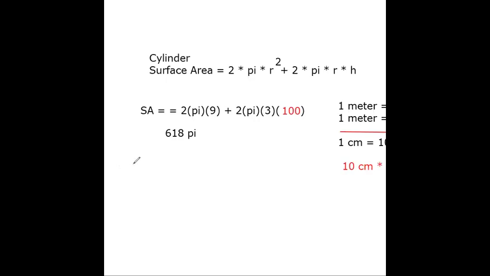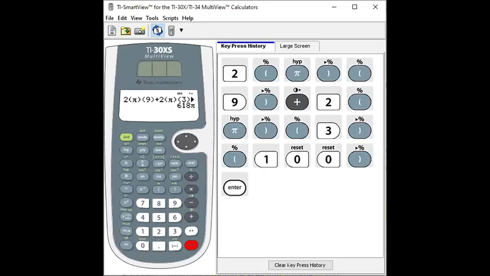I did that exactly like we had it. So I'll let you see exactly what I keyed in. There's my keystroke. Put it exactly like it was on the screen. And I even had the 3 and then the times 100, which you can't see it, but you can see my keystrokes here. 618 pi. Now let's convert it to a decimal.